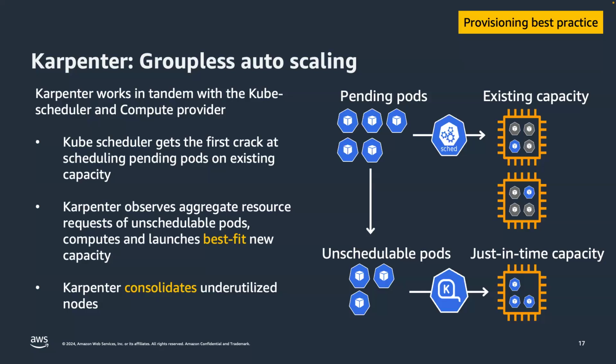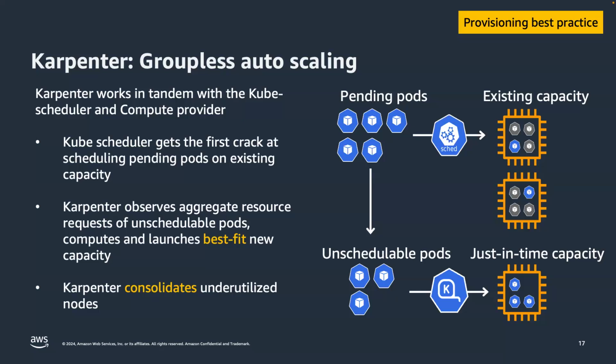So how does Carpenter work, right? Essentially, when you have pending pods, the Kubernetes scheduler will check whether there's existing capacity. If there is, it will make use of the existing capacity. However, if it doesn't have that capacity, then Carpenter will know that, hey, there are unschedulable pods, and now I need to make the compute.